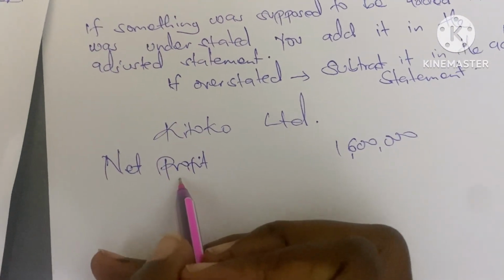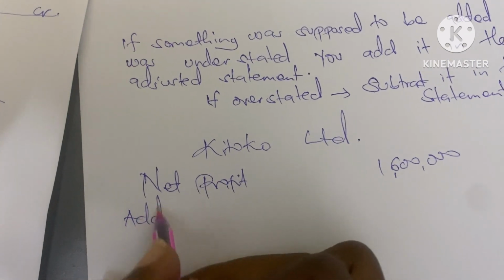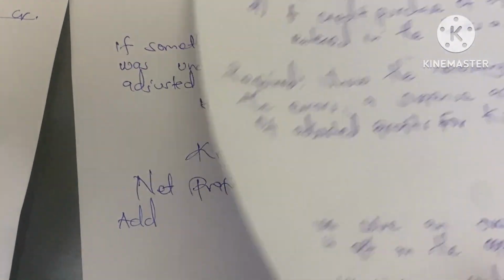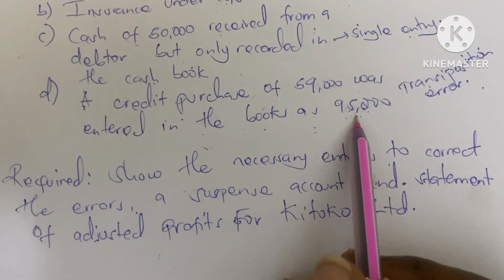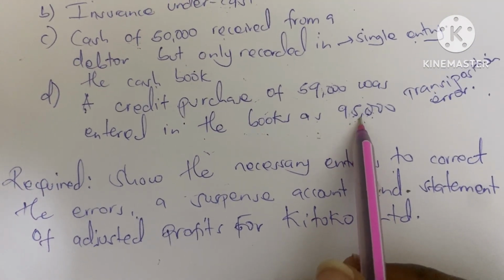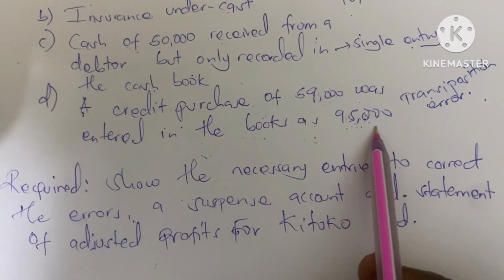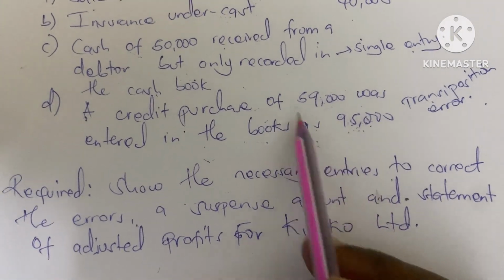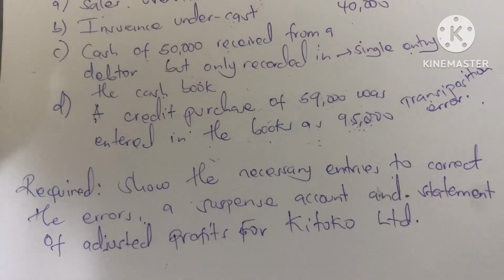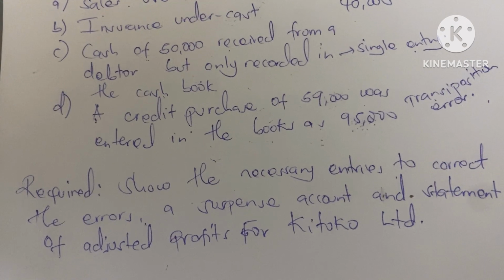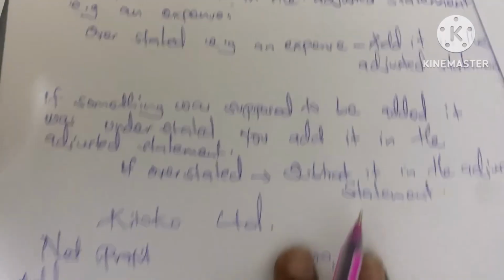So we are going to add purchases were overstated. A credit purchase of this was recorded as this, so there was an overstatement. And remember, purchases are always put under cost of sales, and we always subtract cost of sales. So it's what I told you here.